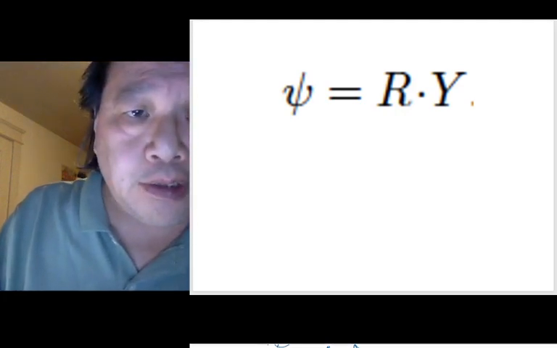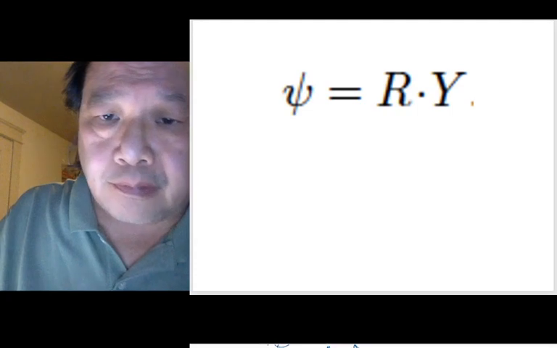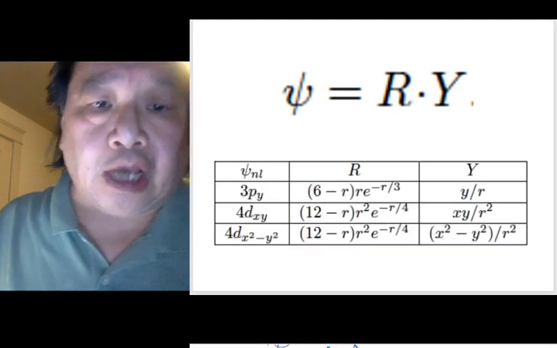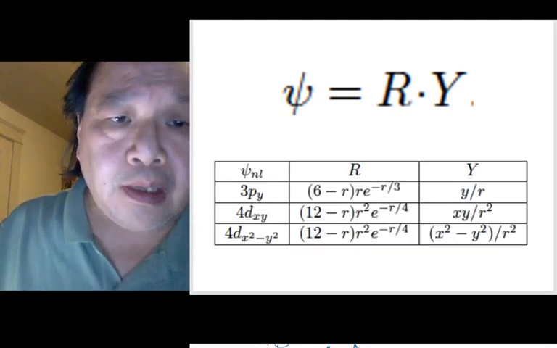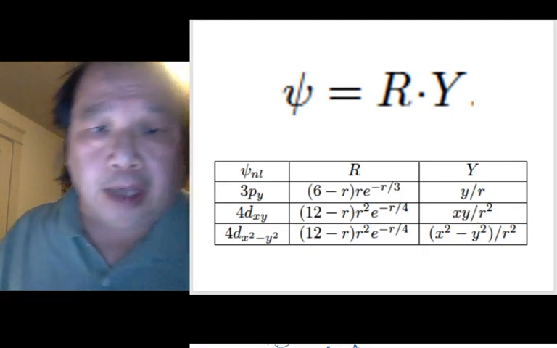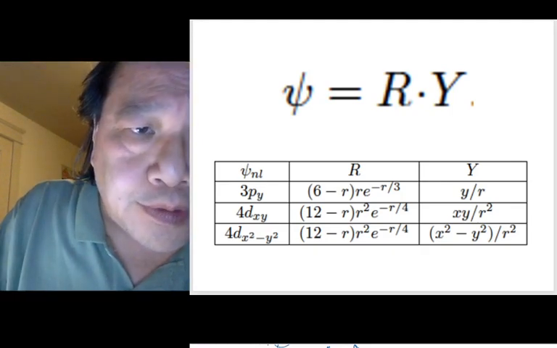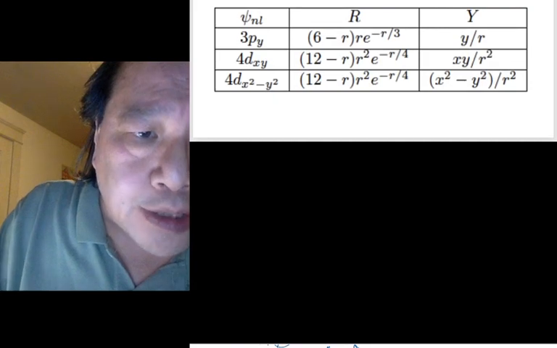And when he calculated the solutions, these are the kinds of values he got. Here, I'll put up the 3py.